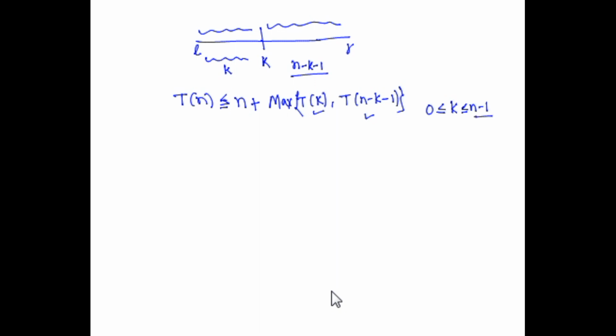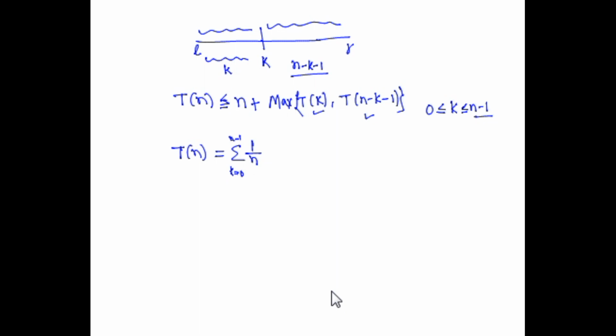So now let's try to compute the average case complexity. The average case complexity is defined as the summation of, so what is the probability that a randomly picked pivot will have exactly k numbers to the left of it? Since k can take any number between 0 and n minus 1, the probability of this event happening is 1 by n, where the range for k is 0 to n minus 1.